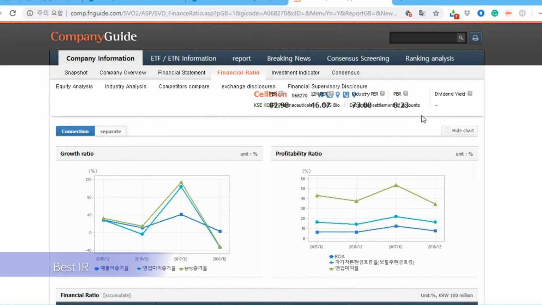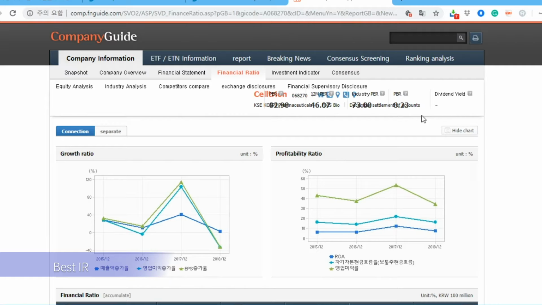And when you look at Celltrion, that's the thing you probably want to focus on. Is it going to really be as successful as they claim it would?